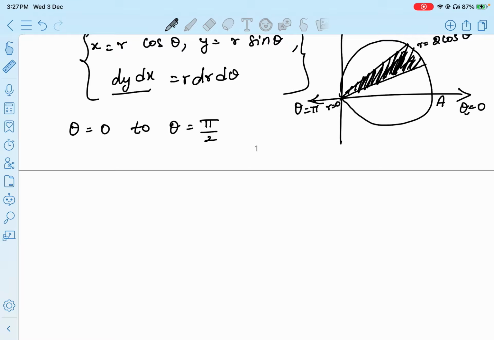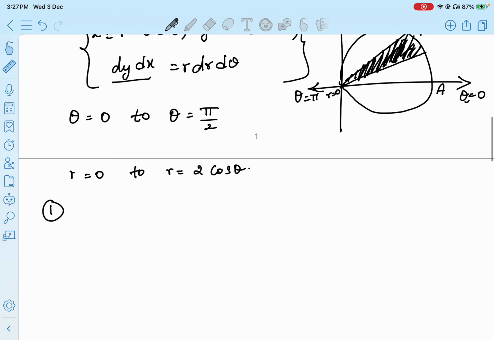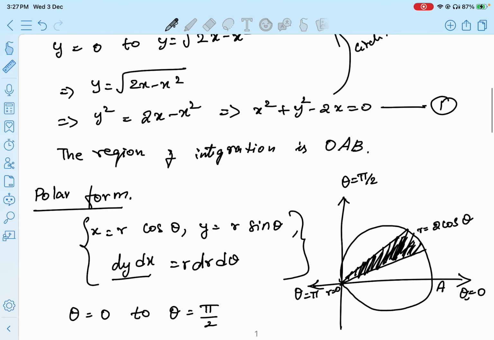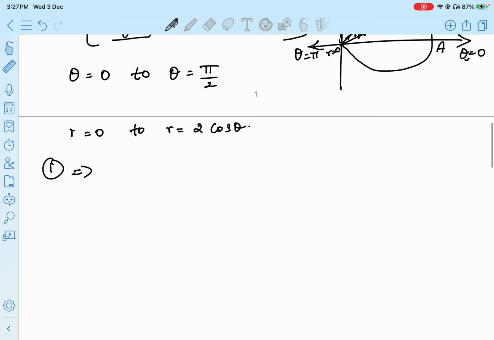It is in the first quadrant, from pi by 2 to 0, so r is equal to 0 to r equal to 2 cos theta. This is the second integration we have. The first integration is 0 to pi by 2 and the second integration is r equal to 0 to 2 cos theta.